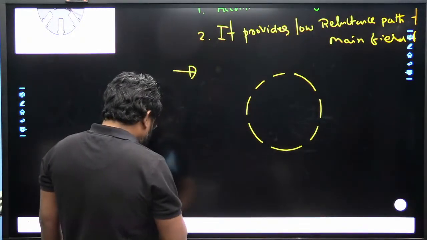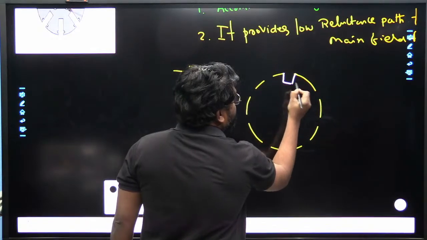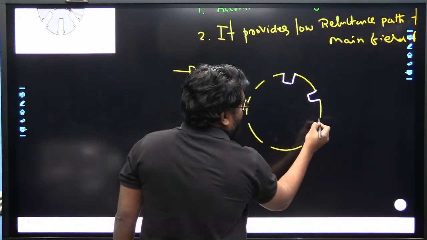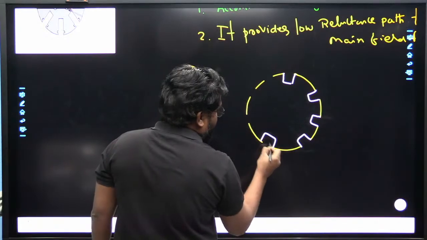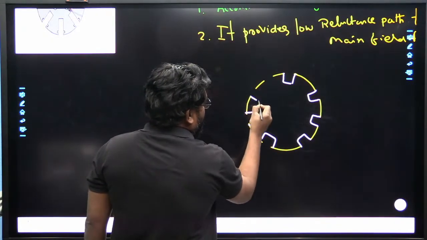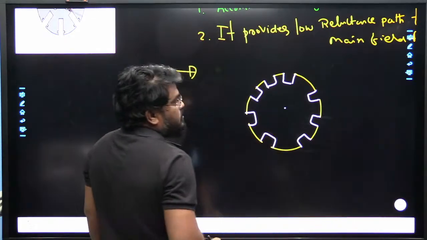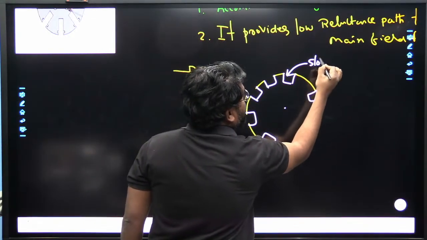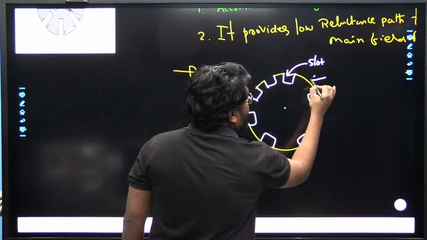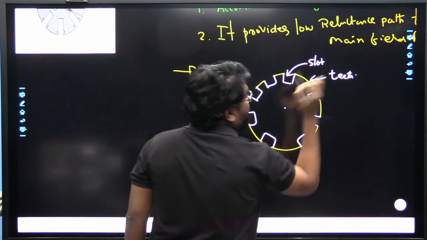Now the slots are provided like this. This is the slot area. So this is known as the slot, and this part you can say is the teeth of the machine.